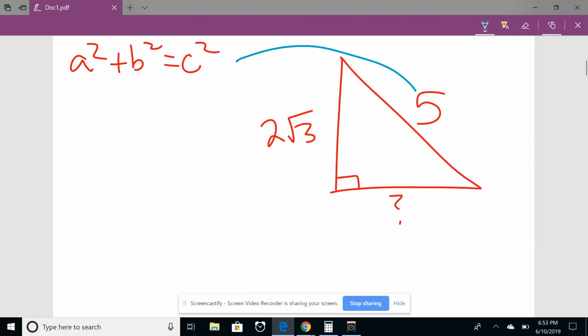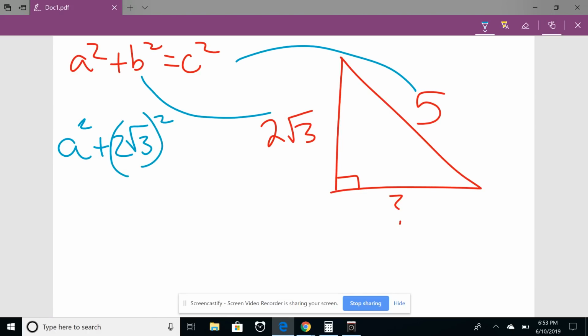Plug in 5 in for c, 2 radical 3. It doesn't matter whether you plug it in for a or b. I usually do b. So we have a squared plus 2 radical 3, that entire thing has to be squared, so I have to put the parentheses around that, equals 5 squared.